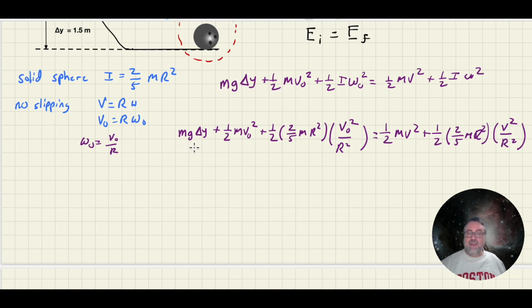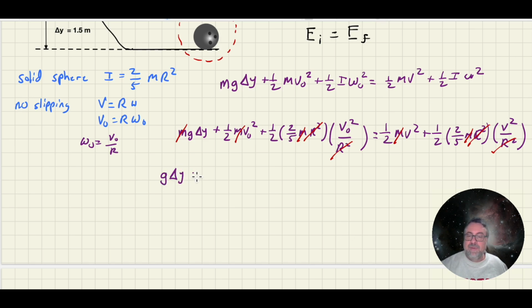So first, I note that I have a mass in every single term. So the mass of the ball now cancels out. I also have an r squared over r squared in my rotational terms. So those r squared terms also cancel out. So bring it together now.